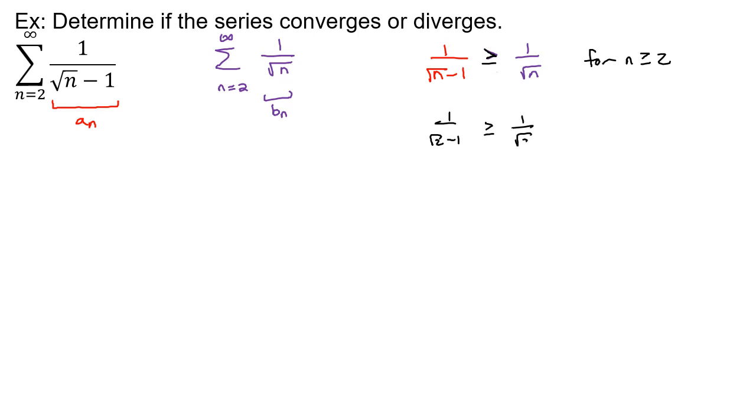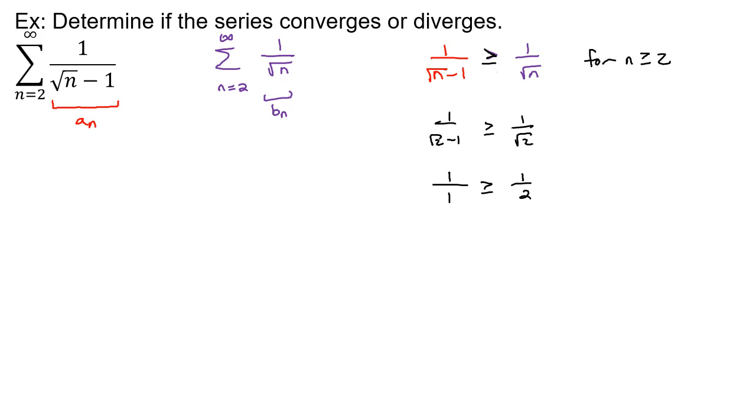That is indeed greater than 1 over square root of 2. You'd have to probably type that in the calculator if you wanted to do it. But if you jump to, say, 4, the square root of 4 is 2. So if I plugged in 4, I'd have 1 over square root of 4, which is 2, minus 1, which is 1. Is 1 greater than or equal to 1/2? And yes, it is. So the inequality is now going the other direction compared to the last problem that we did.